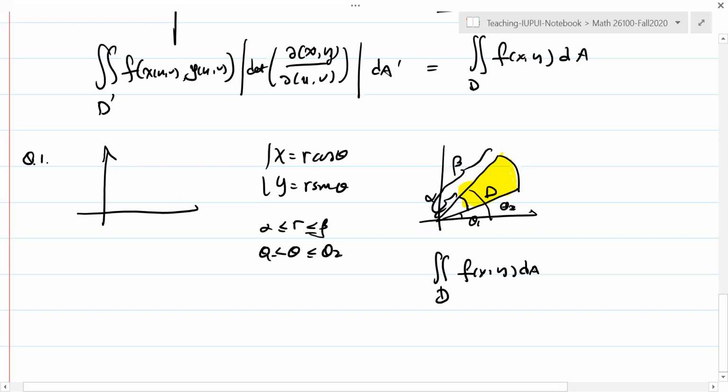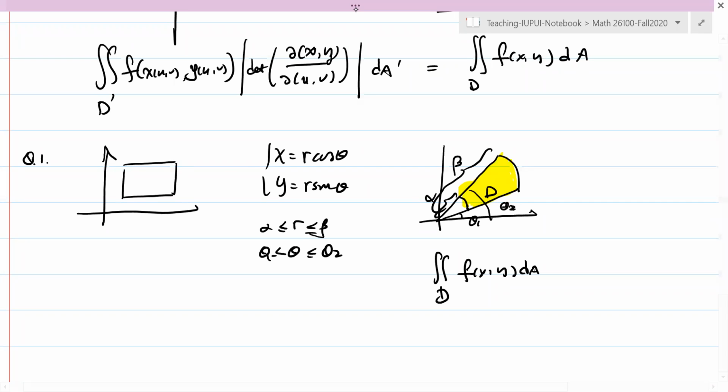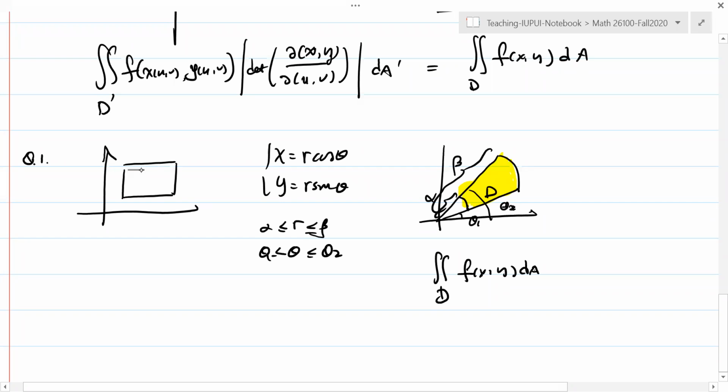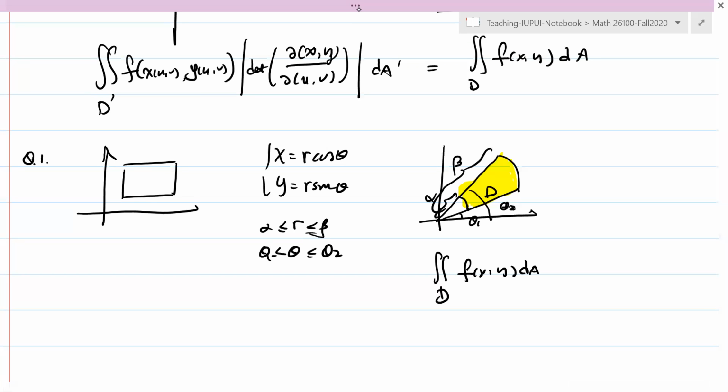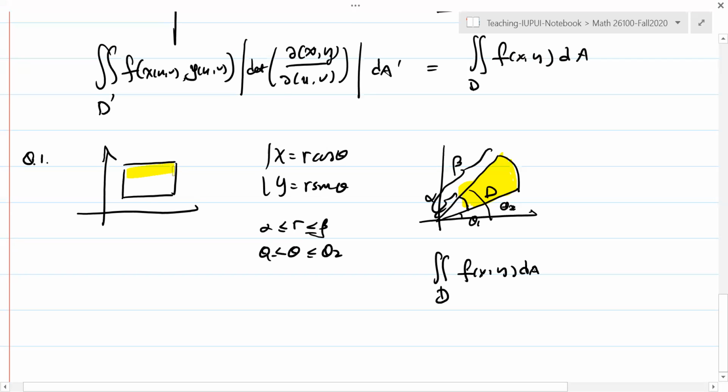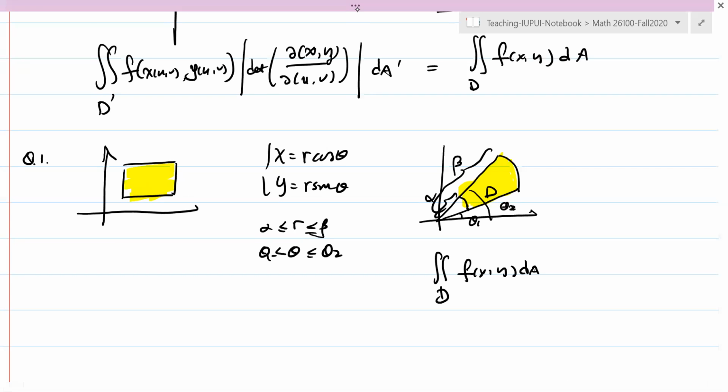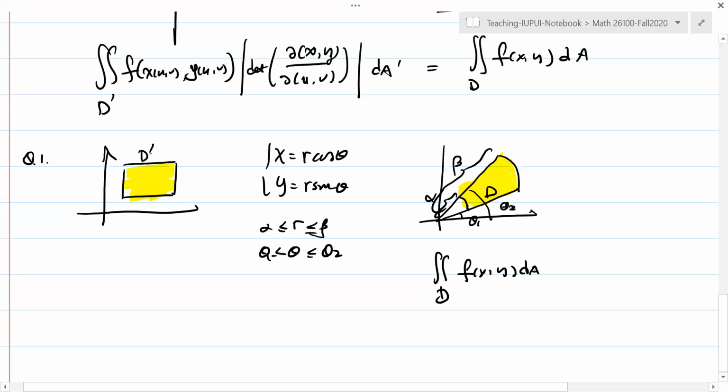So you will get a rectangle. So it's a much better domain. This is D prime, and this D prime is mapped to this portion of the sector.